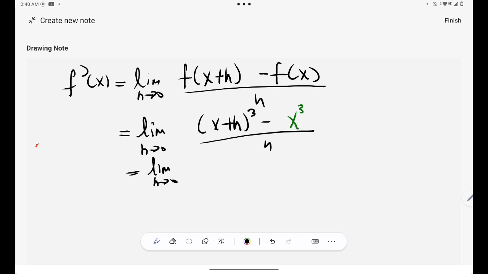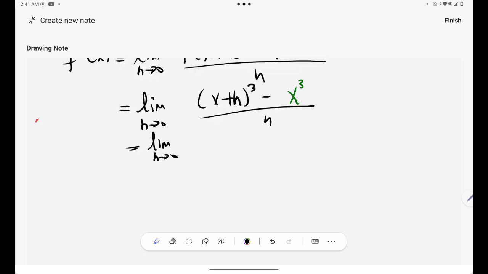Now I can open 3 brackets and multiply them all together, but believe me, you will get x cubed plus 3x squared h plus 3xh squared plus h cubed. Then you still have to subtract the f of x.